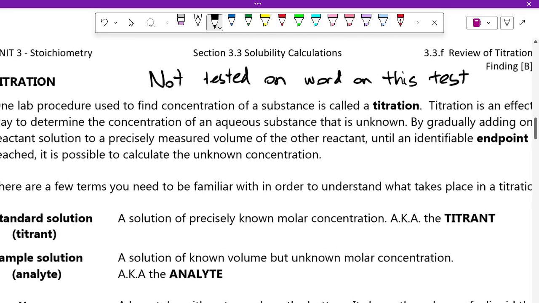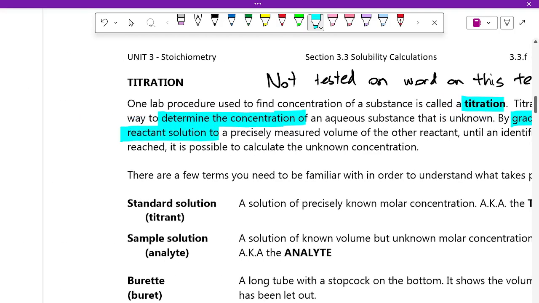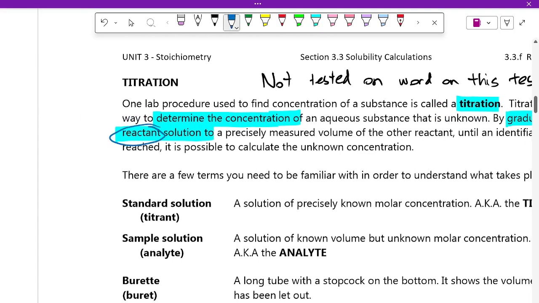So this is a lab procedure and it is called a titration. It is an effective way to determine the concentration of an unknown aqueous substance by gradually adding one reactant. What's another word for a reactant? Reagent, yes.